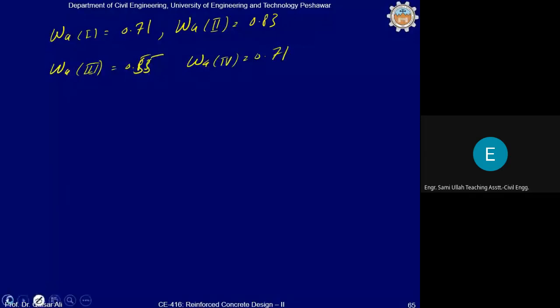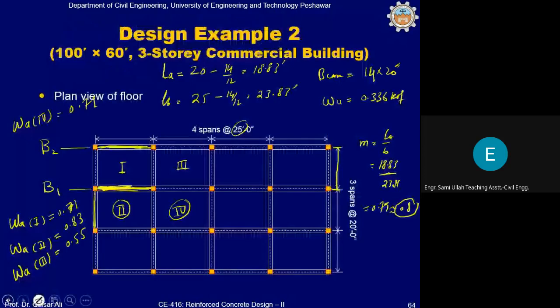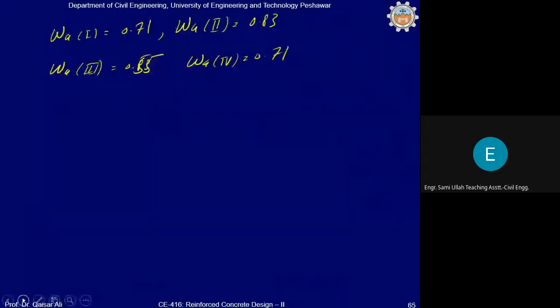Now coming to load acting on B1. So load acting on B1, some of the load will come from panel 1 and some of the load will come from panel 2. इस तरह है कि नहीं? Yes, sir. तो ये दोनों हम ऐड करेंगे.